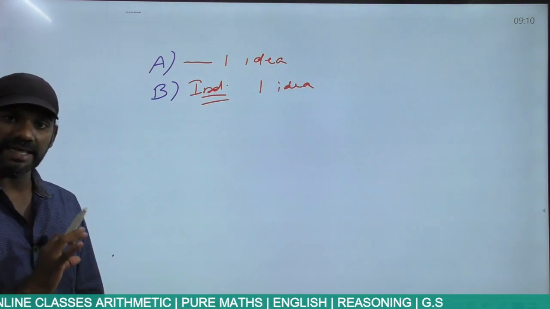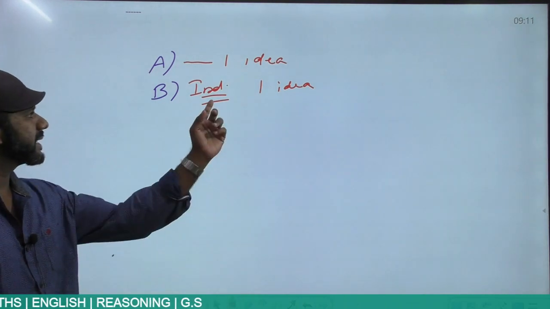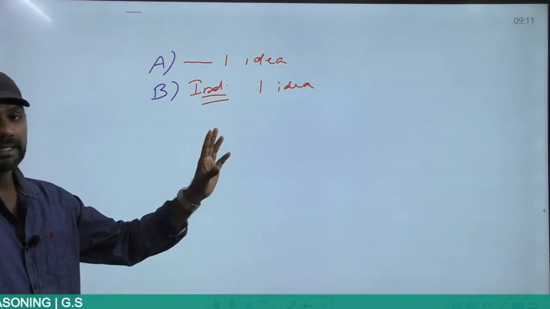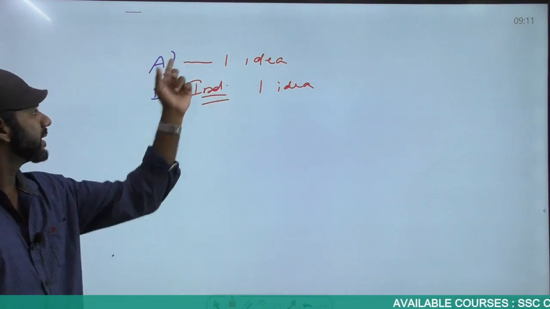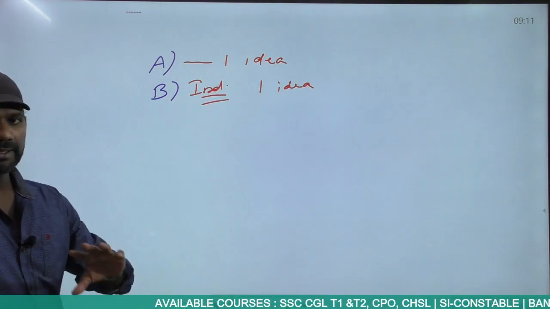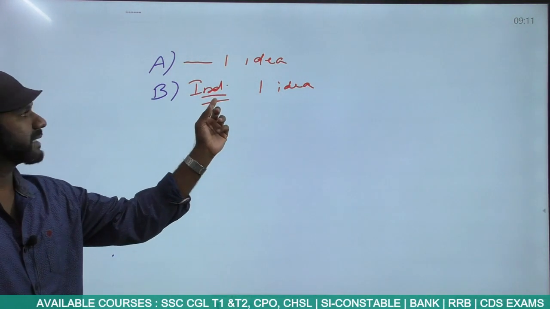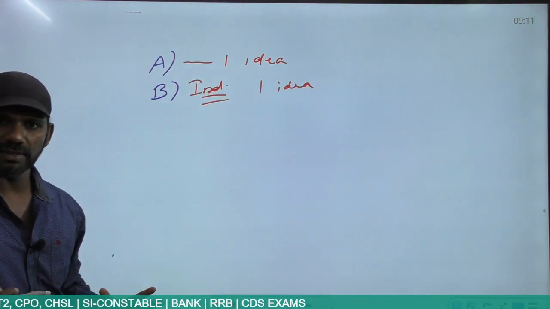Sentence B contains an indicator and one idea. If you feel that the indicator in sentence B is connecting the ideas in sentences A and B, then these two sentences must come together. I repeat, if you feel that the indicator in B is connecting the ideas in A and B, then these two sentences must come together.